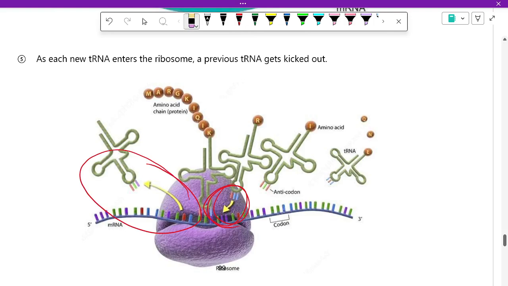No, the amino acid is gone. So this one will come in, you'll form a bond there. This one will go over and then it'll get kicked out, and so on and so on and so on and so on. Okay?